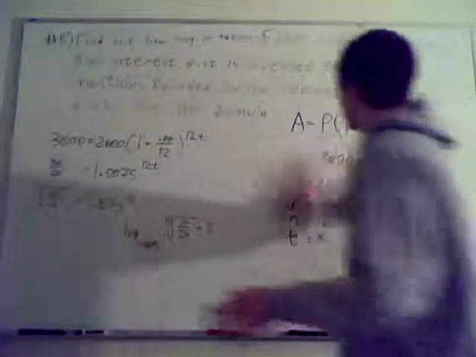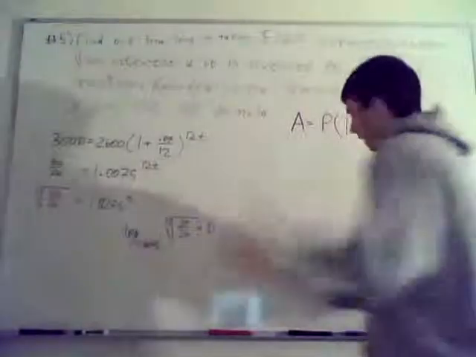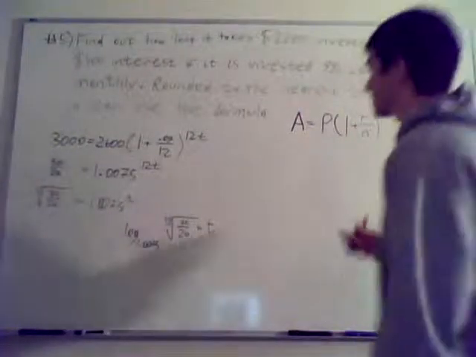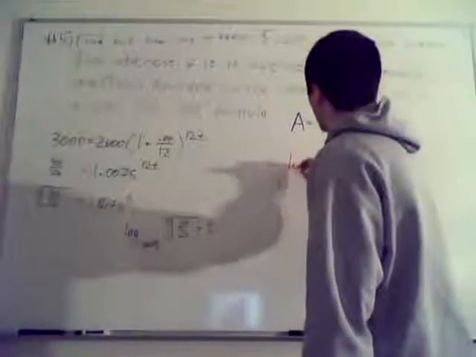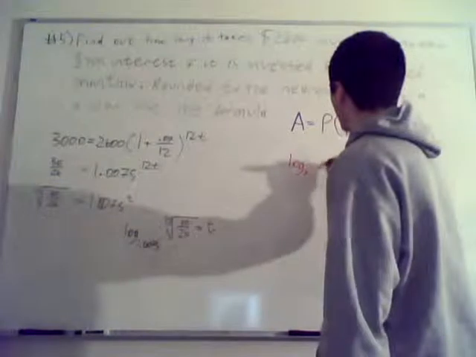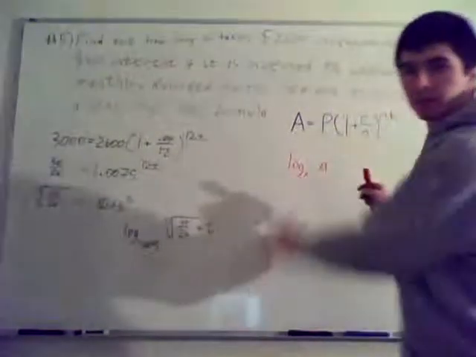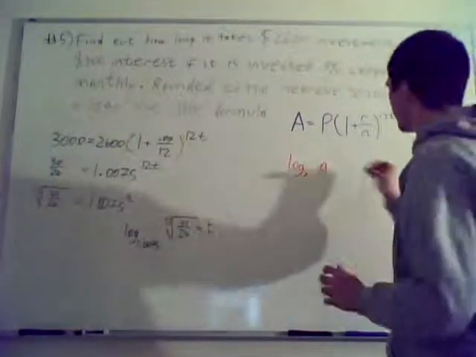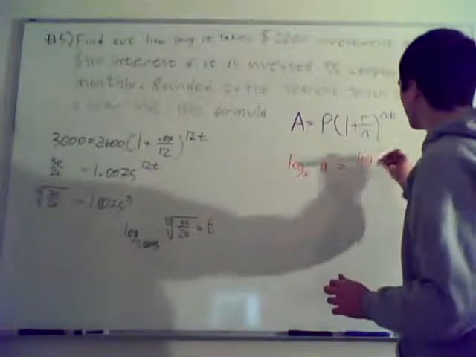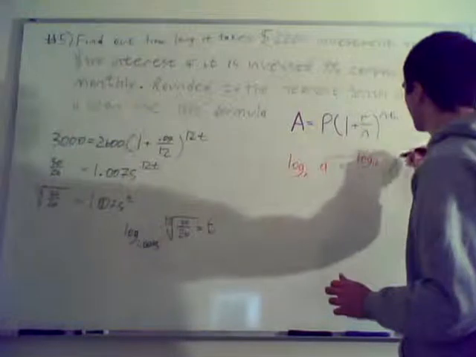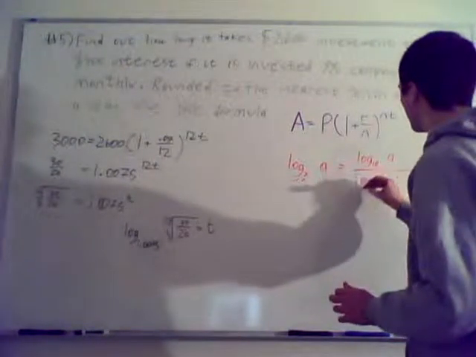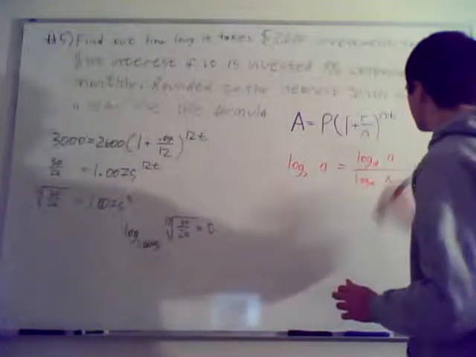So what they want you to do is apply the change of base formula. The change of base formula says this: log base x of a is the same thing as saying log base 10 of a over log base 10 of x.